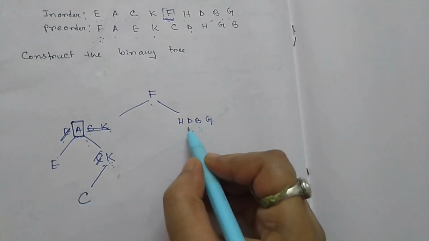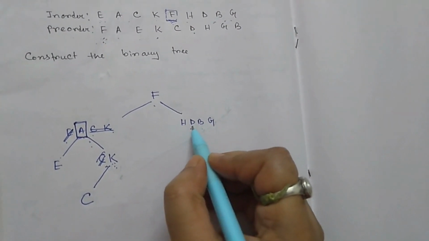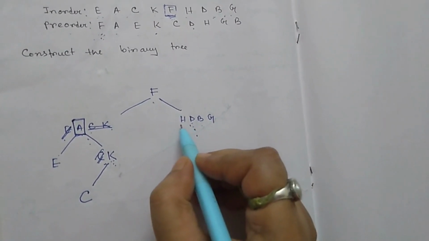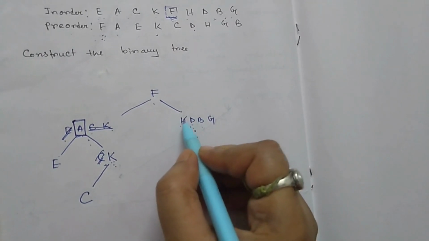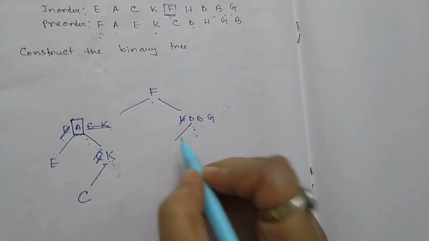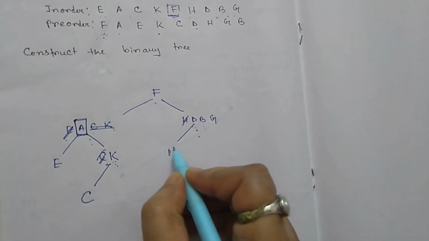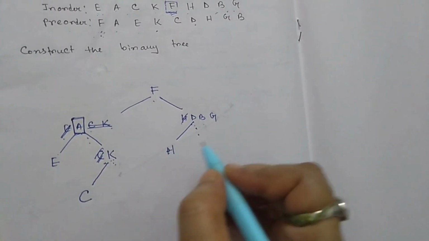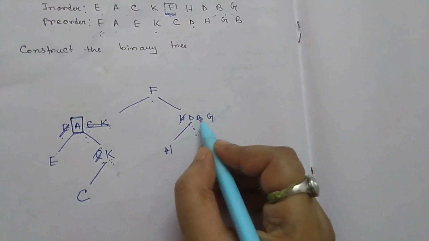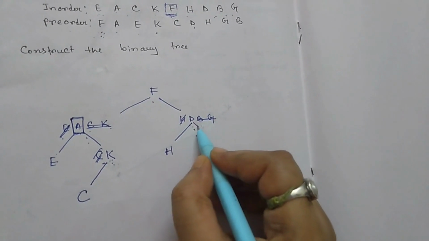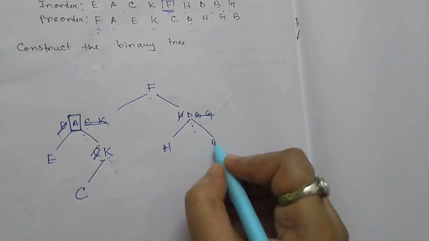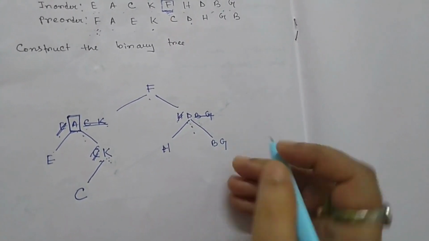So here D is the root value. If D is the root, H is situated in the left position of this D. For that reason, H is a left subtree, and B and G take position in the right subtree.